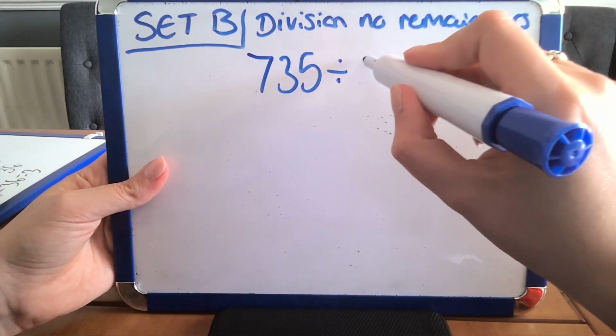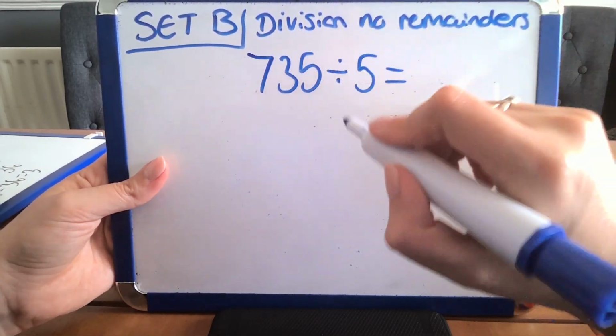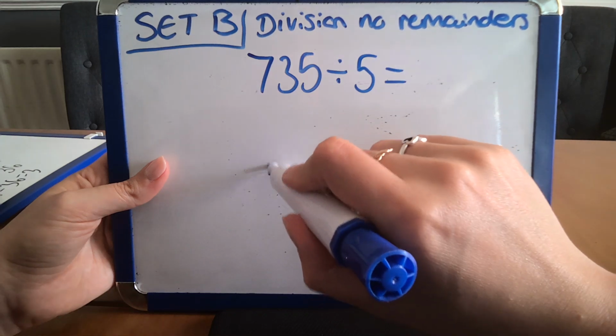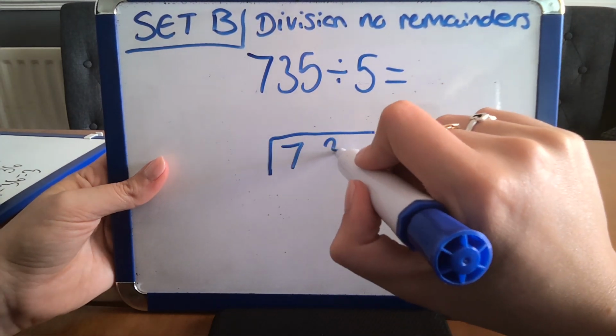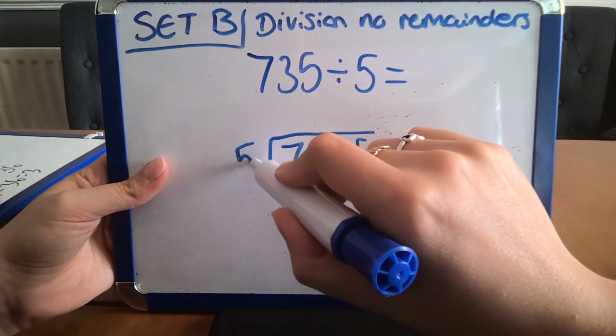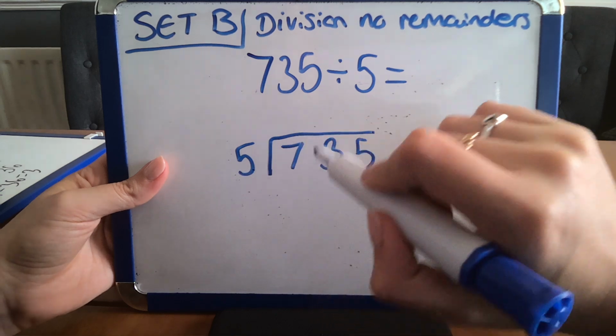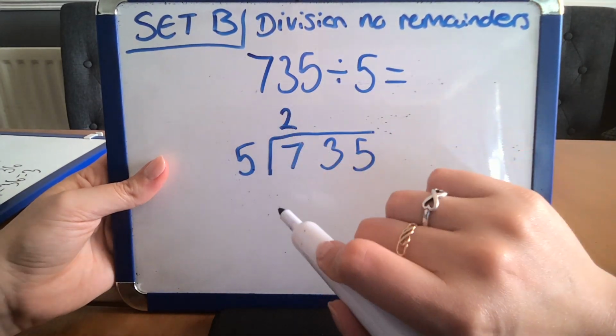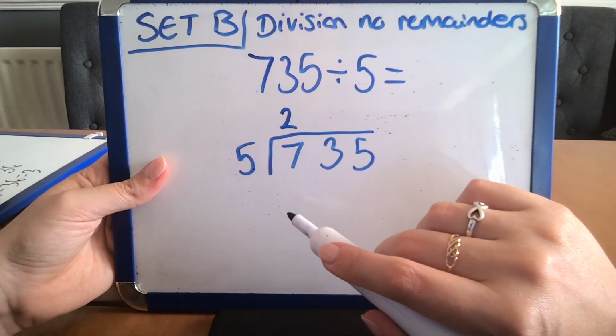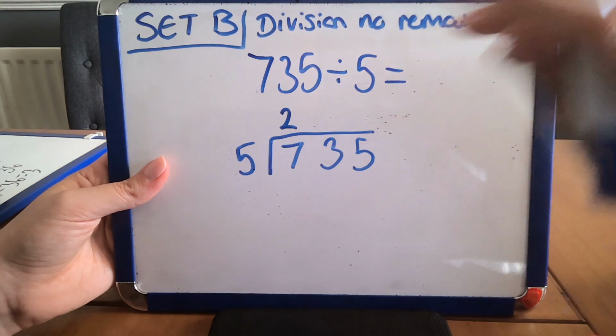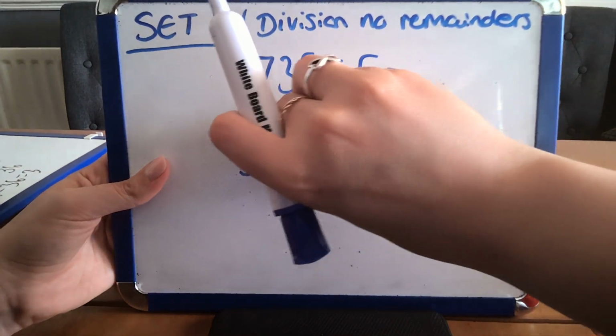The next question is 735 divided by 5. How many 5s go into 7? 2. How many left over? Oh, not 2. Sorry. Try that again.